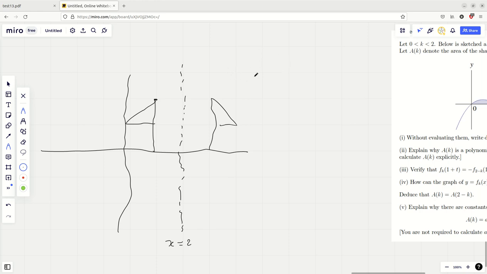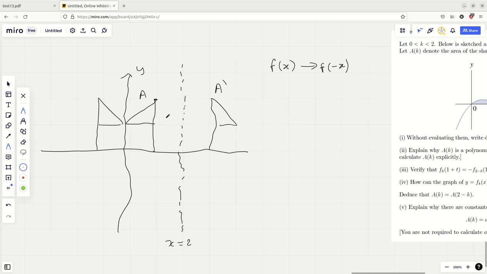So I'm going to do it in 2 steps. I'm going to take my original image, call this A dash. The first thing I'm going to do to A is reflect it in the y-axis, which means all the x coordinates go negative, and so that's going to go to f of minus x. So now that is over here.